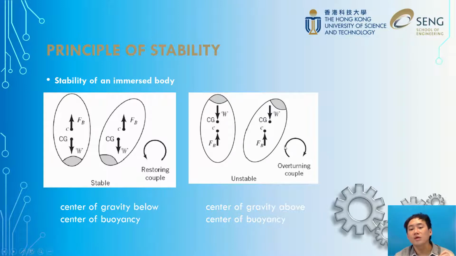So this will further increase the movement. And when you further increase the movement, the moment arm becomes bigger, and that will generate an even larger force that will turn the whole system more. So the end result is that the whole system will flip. And that is something called unstable.